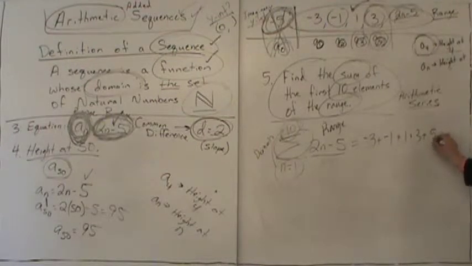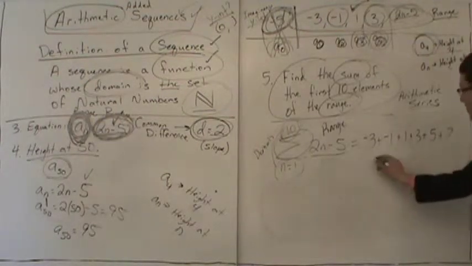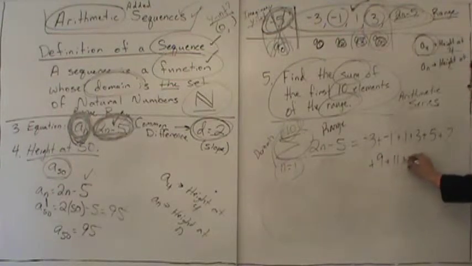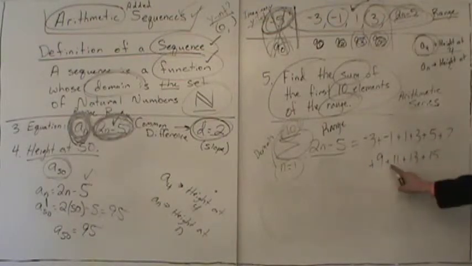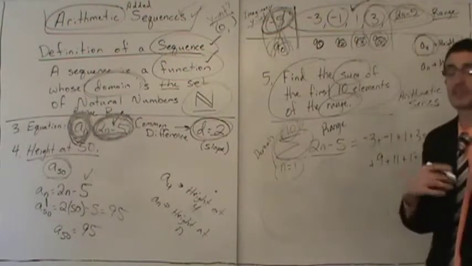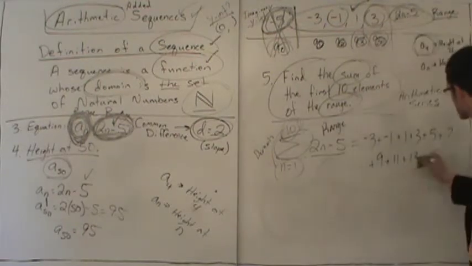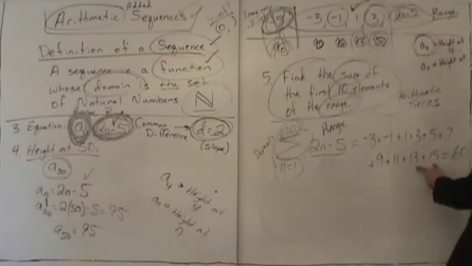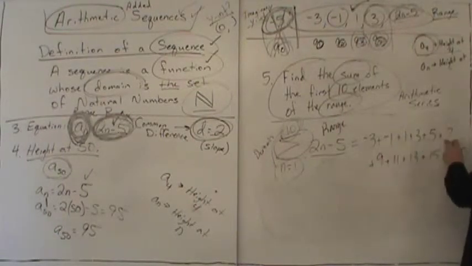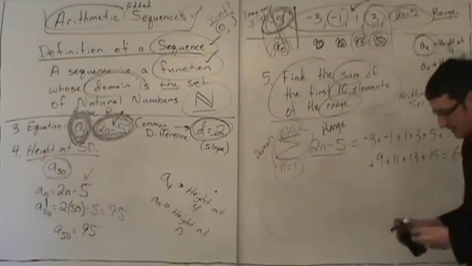So 3, then what? 5, then 7, then plus 9, plus 11, plus 13, plus 15, and that should be all of them. 1, 2, 3, 4, 5, 6, 7, 8, 9, 10, and simply add them up. Okay, so if you need, do it by hand or get a calculator, add them up. Okay, we get 60. All right.